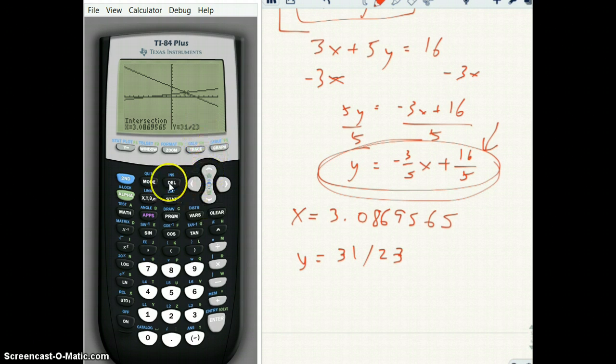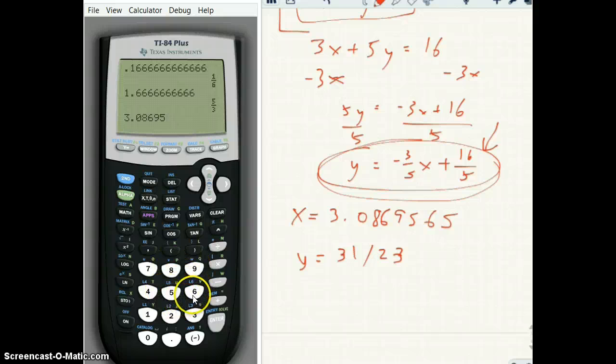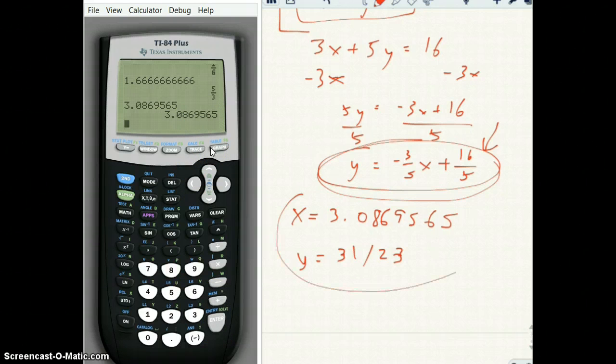Now, I don't know if that could be expressed as a fraction. We could try here just to see. I could put in 3.0869565 and see if that turns into a fraction. It doesn't. So that's the solution right there.